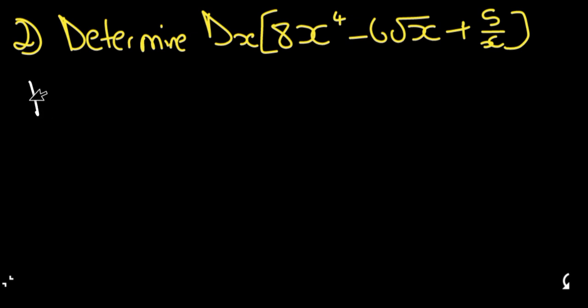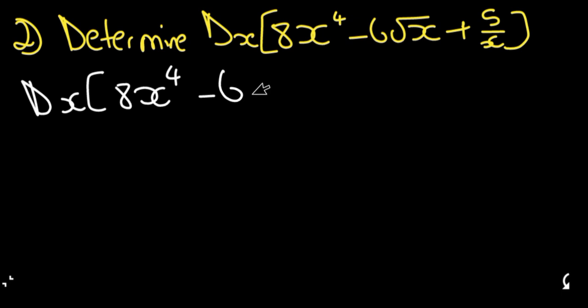You're always going to keep this d/dx. So it's going to be 8x to the power of 4 minus 6 times x to the power of 1 over 2. When changing this radical into exponential form, it's x to the power of 1 over 2, plus 5x to the power of negative 1.